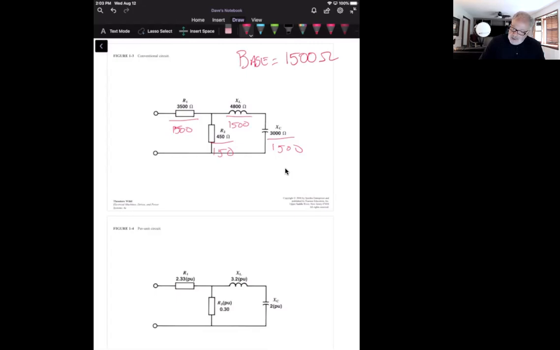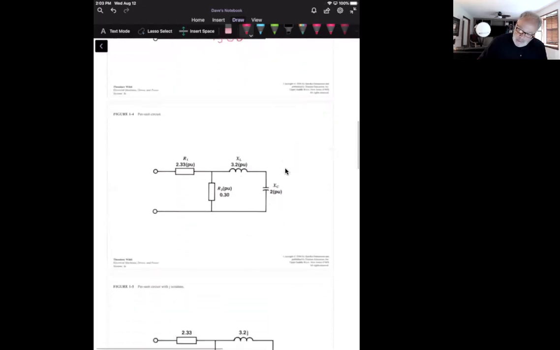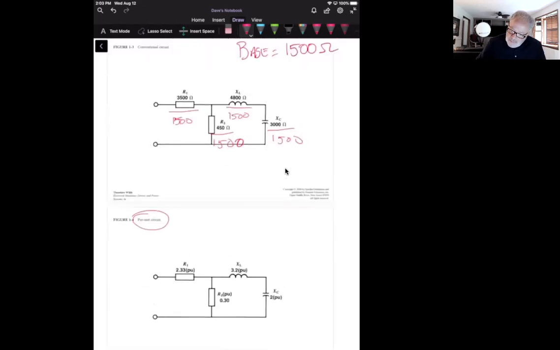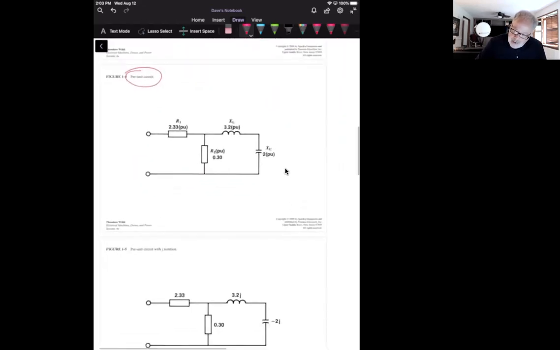I would end up with the equivalent circuit shown in figure 1.4. The per unit circuit, which we would call this now because these values are not actual, they're per unit values that have been substituted, contains the same elements as the real circuit, but the impedances are now expressed as per units.